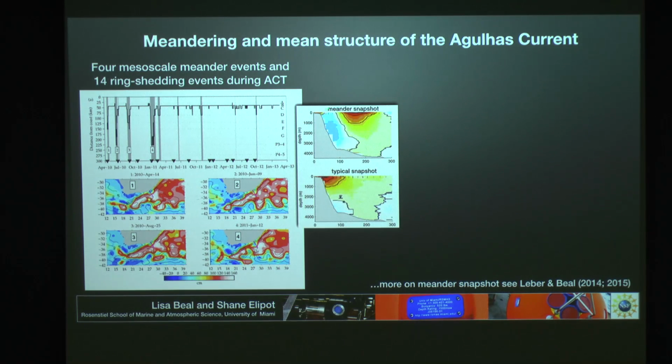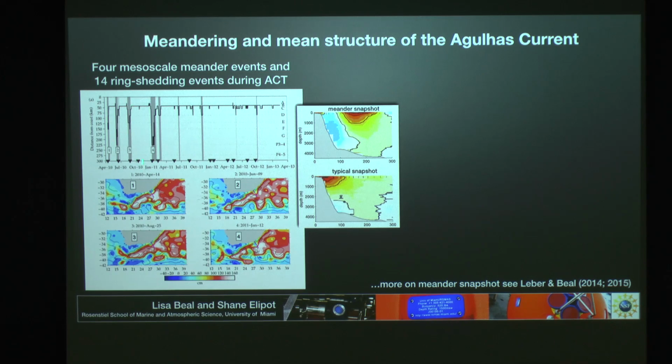So during the meander event, we had this typical snapshot. This is actually from lowered ADCP data. We were lucky in 2010 to be putting the array in right during a meander event. That was pretty lucky because the meanders only occur about 10% of the time at any one place along the coast.